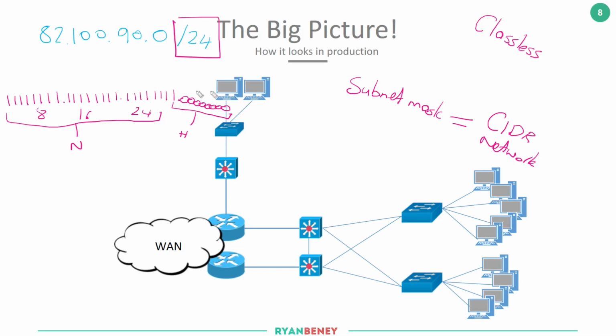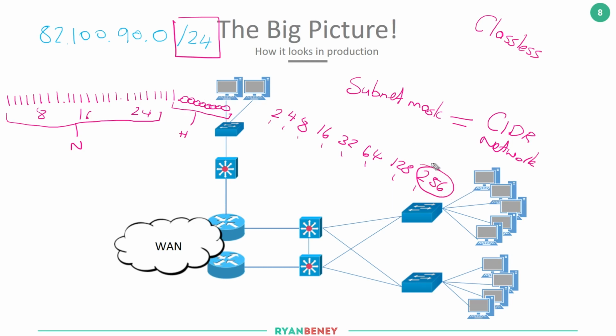So by default, without any subnetting, how big is the network that we've been given from our supplier? And again, we use that formula, which is 2 to the n minus 2 on the amount of bits that are turned off. So there are 8 bits turned off, which means it's 2, 4, 8, 16, 32, 64, 128, 256. 2 to the power of how many bits turned off is 256.